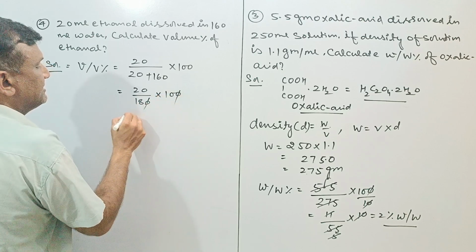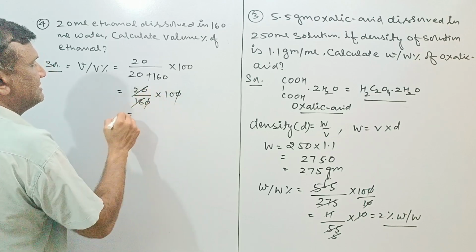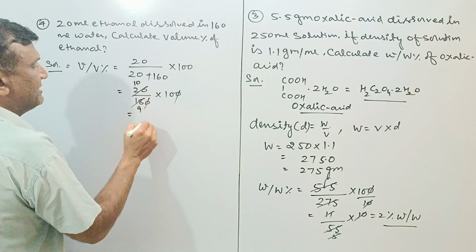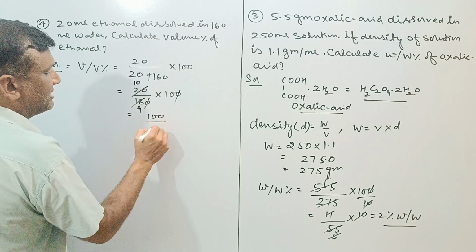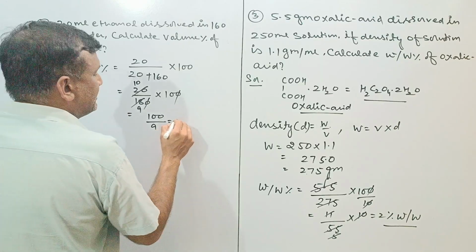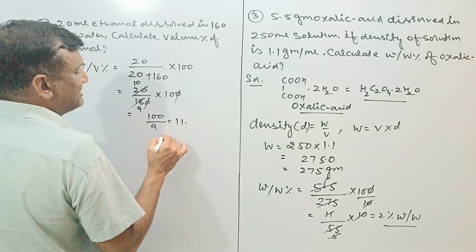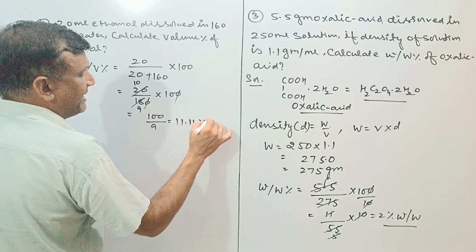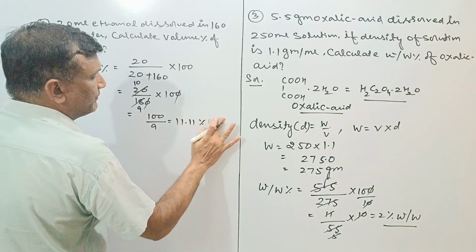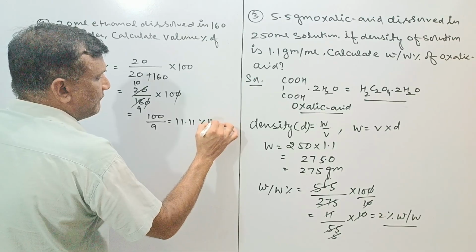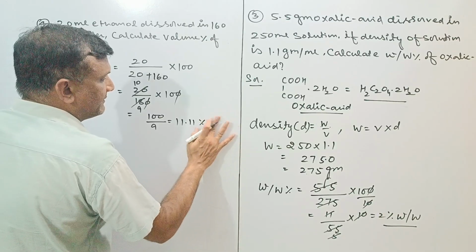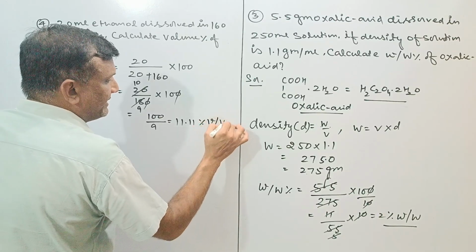The zero remains cancelled, and the 2 times cancels. So it will be 100 upon 9, which is 11.1 percent by volume, small v by capital V.